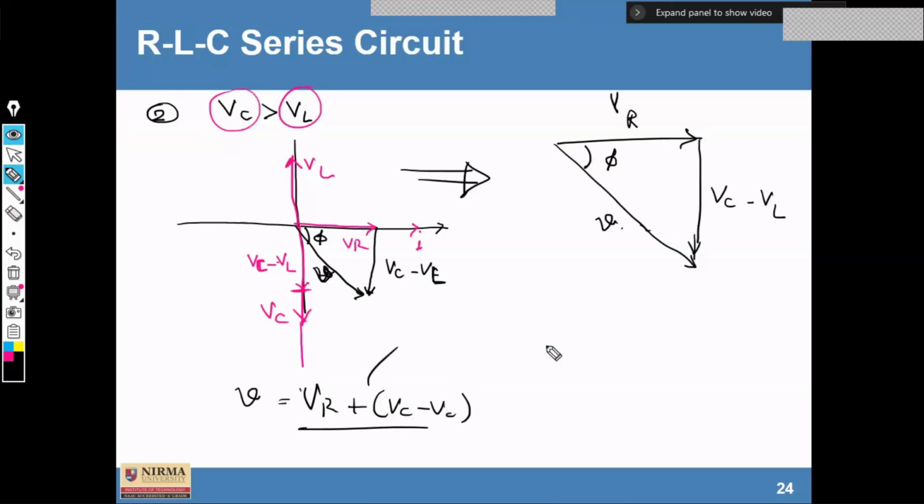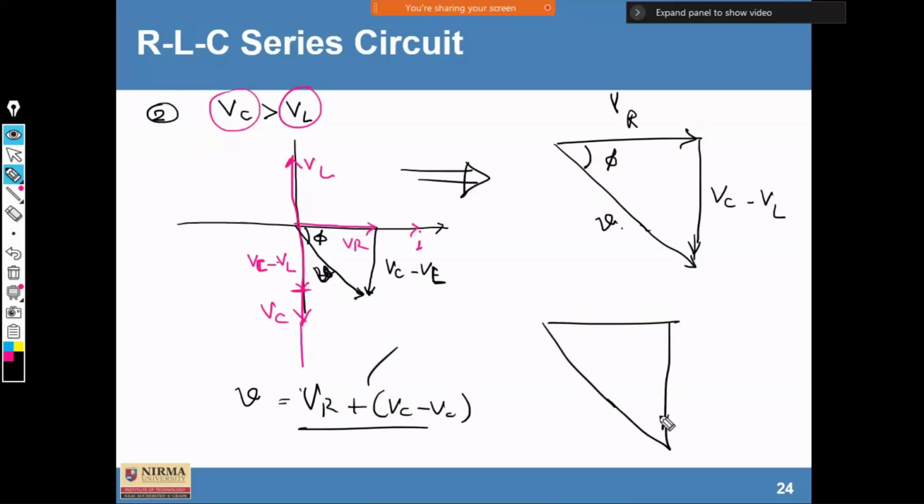We can have the impedance triangle also. So the impedance triangle is where VR is equal to IR.